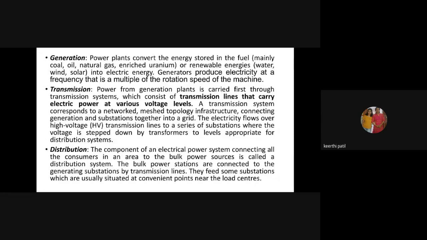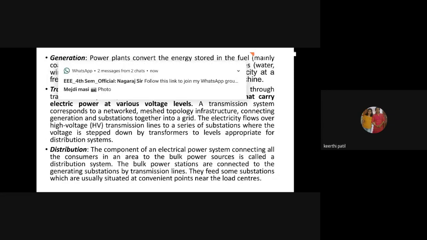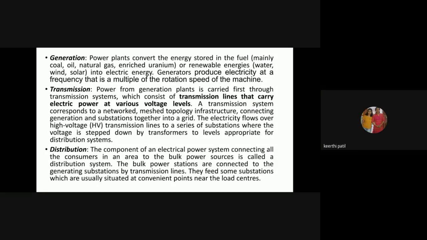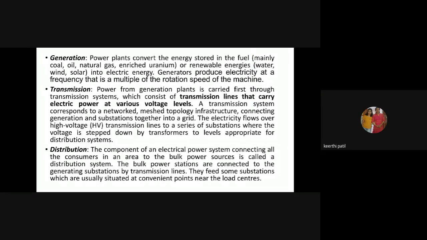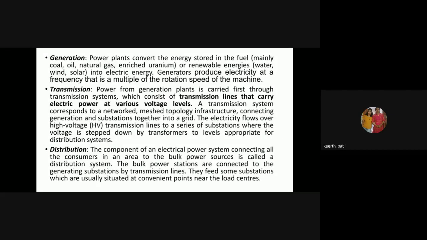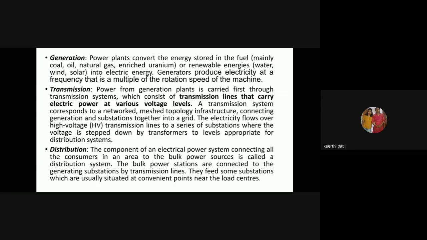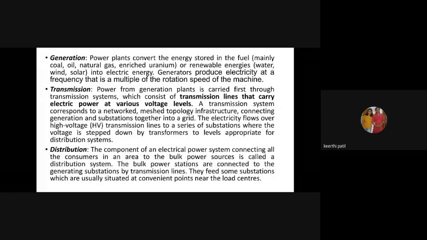So what we need to understand is that during transmission, power from the generation plants is carried by high voltage overhead transmission lines, so that the power which is generated is transmitted at a very high voltage and at a convenient voltage and frequency. Now this is a very important point.